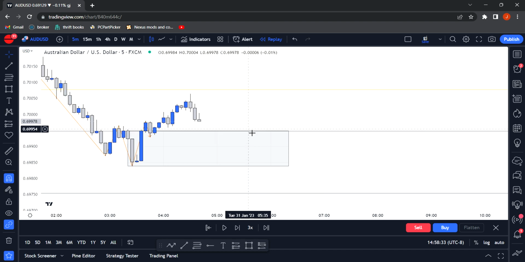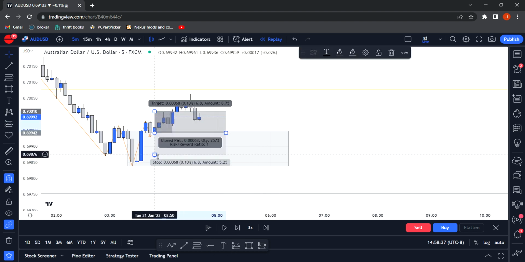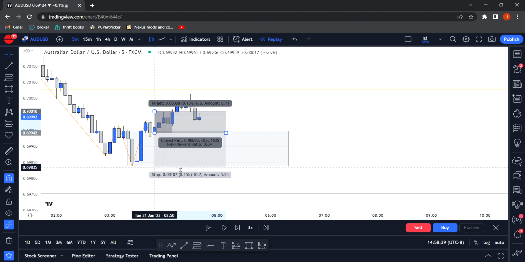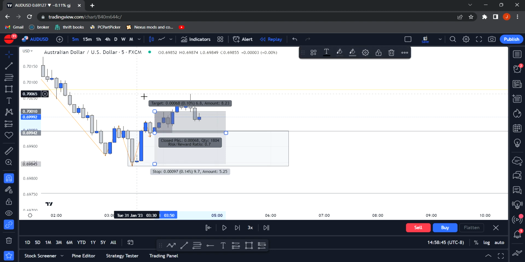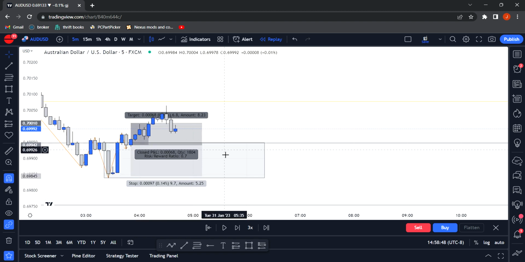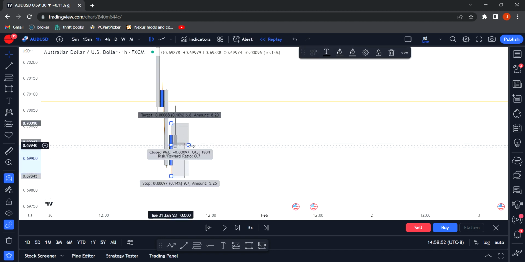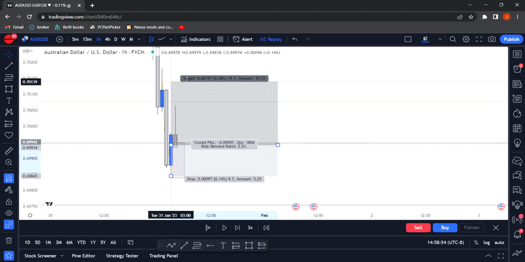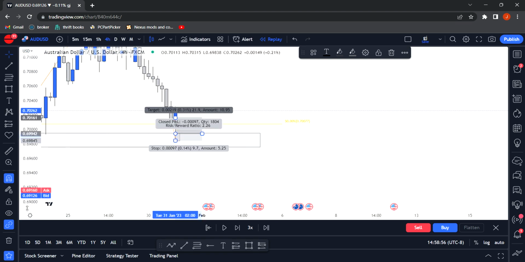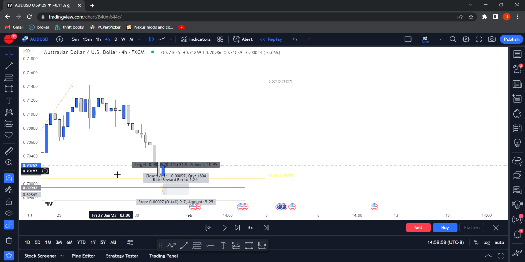So on this trade, I made a little over 13%, I believe. I had my stops right below, somewhere around here, and then my take profit was the 4 hour zone, the 4 hour highs.